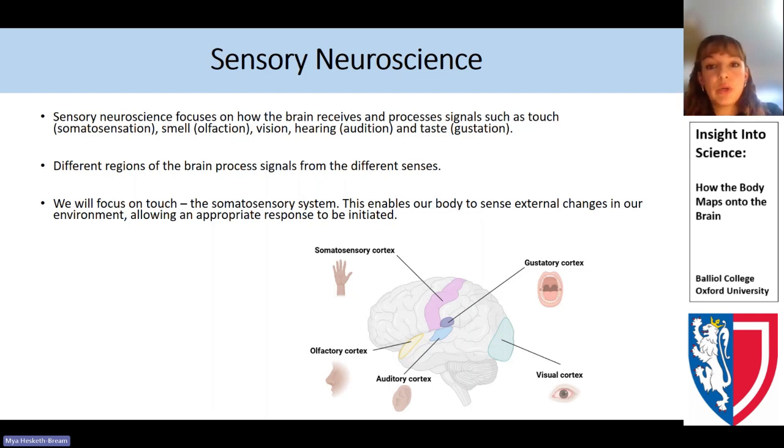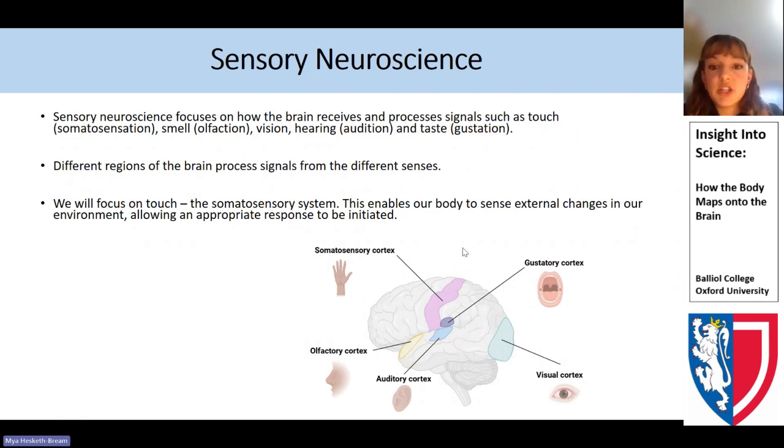So as I'm sure you'll know, we've got lots of different senses. There's touch, which in neuroscience we refer to as somatosensation, smell called olfaction, vision, hearing, which is called audition, and taste called gustation. All of this different information is represented in different regions of the brain. So if we look down here, we have different areas of the cortex.